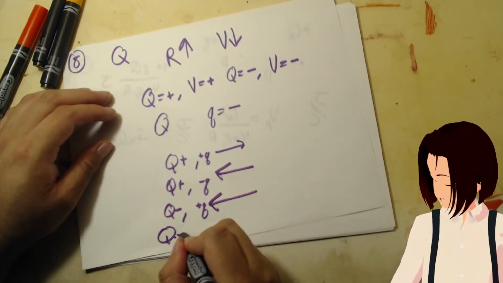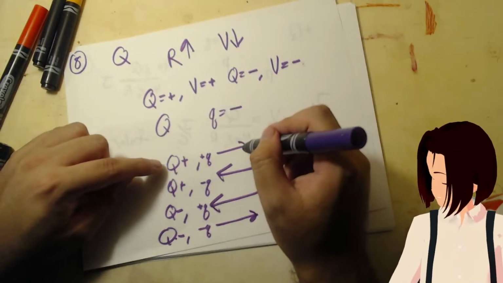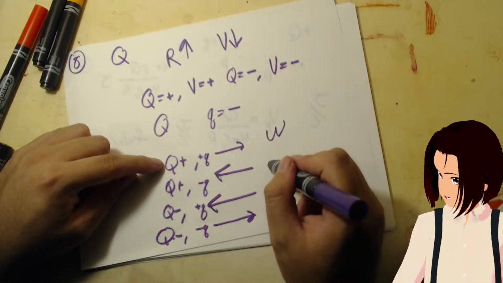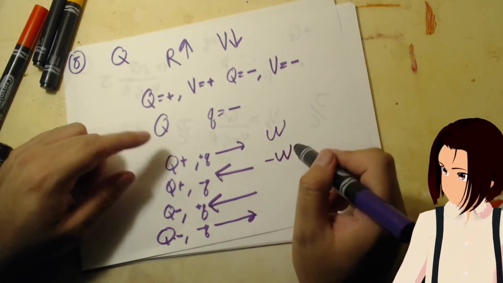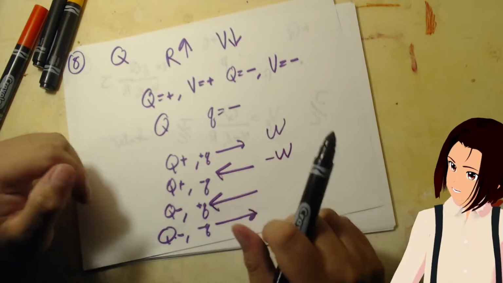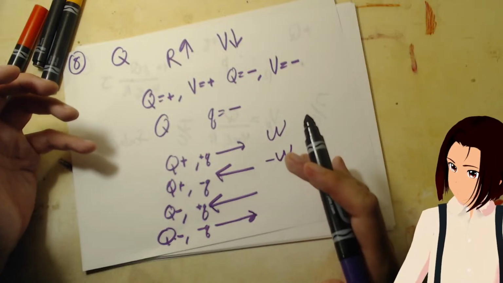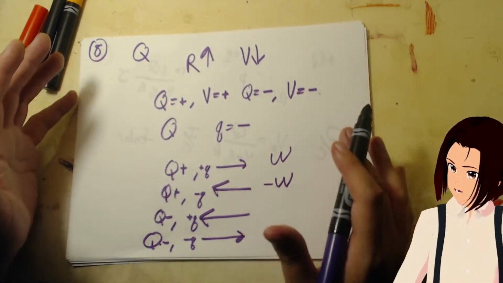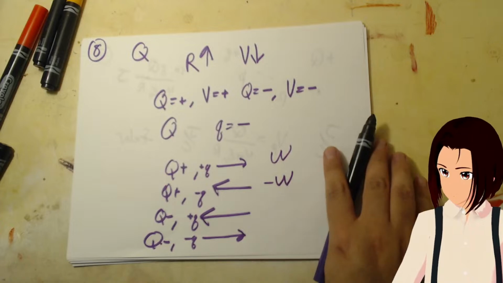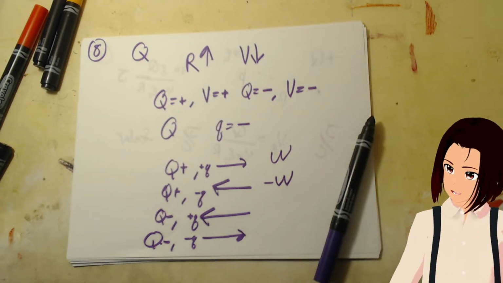But if we have negative Q and negative little q, it wants to go away. So in this case, we have to exert a positive amount of work. But for the case where it wants to go towards it, it's negative work. This is similar to classical mechanics: you get positive work, you get negative work.